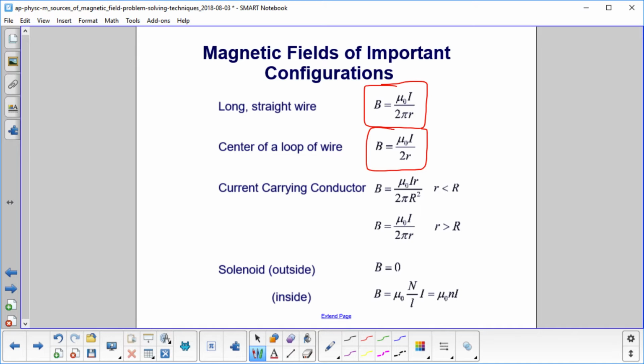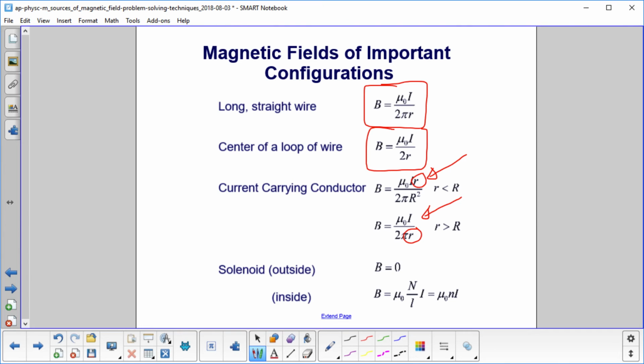For a current-carrying conductor, inside the conductor, if this is too hard to memorize, that's okay, but know that it's a linear function. The magnetic field increases linearly within the conductor from 0 until it gets to the surface, at which point it starts falling off as 1 over r. So that's the key thing here. Linear to the surface of the conductor, 1 over r outside the conductor.